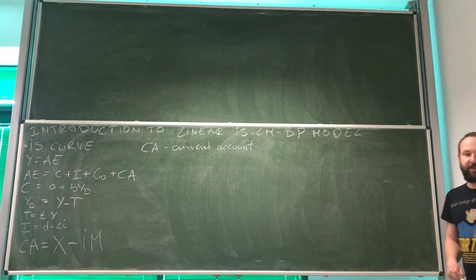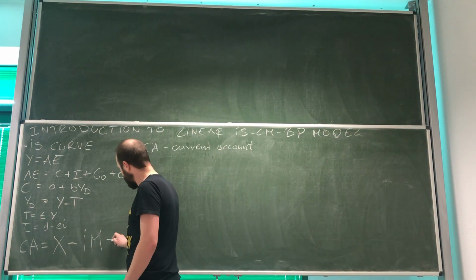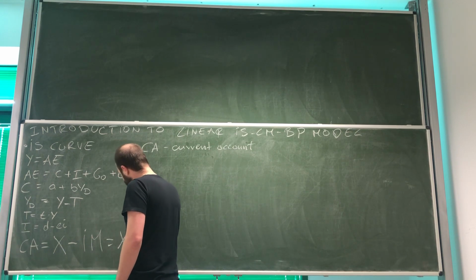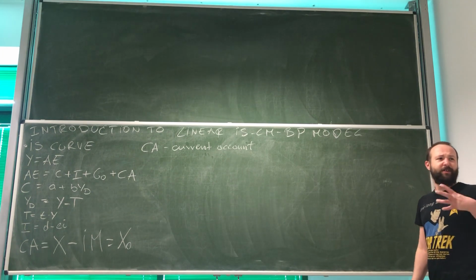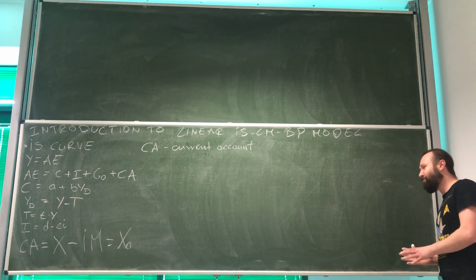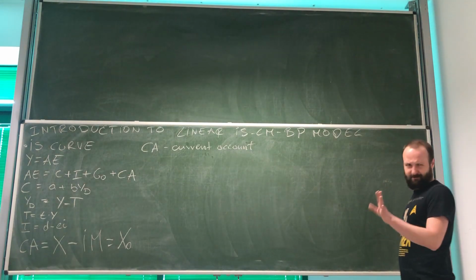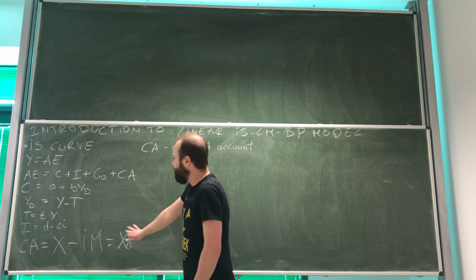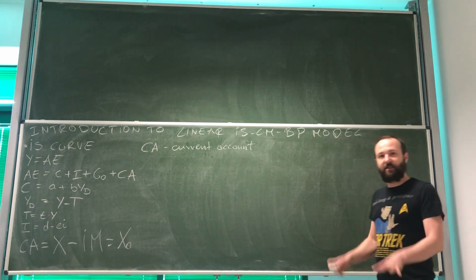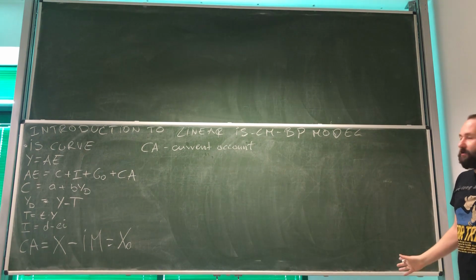However, there's going to be something new. Look, before, we just had autonomous exports, and we're still keeping them. We are not going to analyze the impact of foreign income on our exports for now. And so this stays. We are assuming that the outside countries' GDP is exogenous to us.